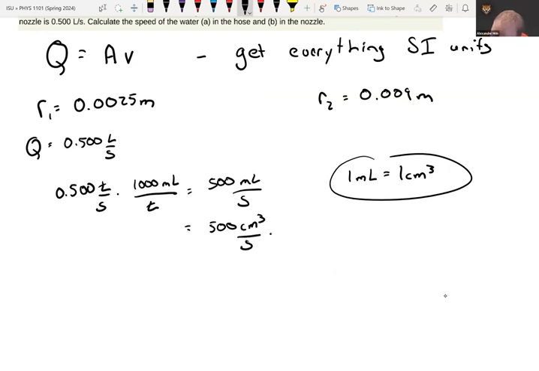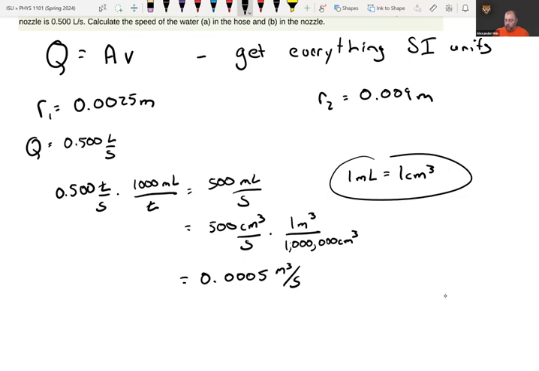Now, hopefully you remember that 1 meter cubed is equal to 1 million centimeters cubed. If you don't, you can verify that again, but that is what we're going to have here. And so what we end up with is 0.0005 meters cubed per second.